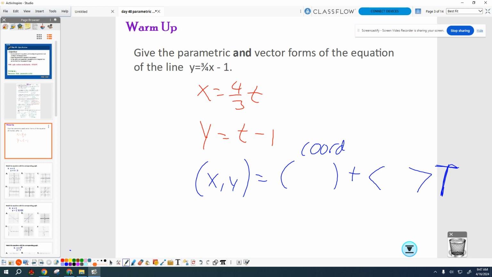So what's the coordinate? 0, -1. Because when x is 0, y is -1, that's a valid coordinate, okay? And then what did you say the slope or the change was? 4/3 and 1.